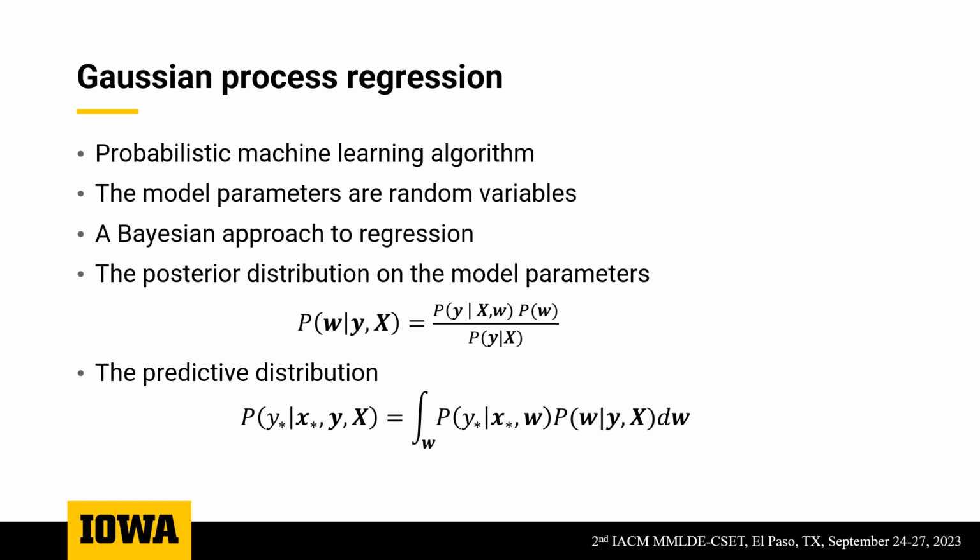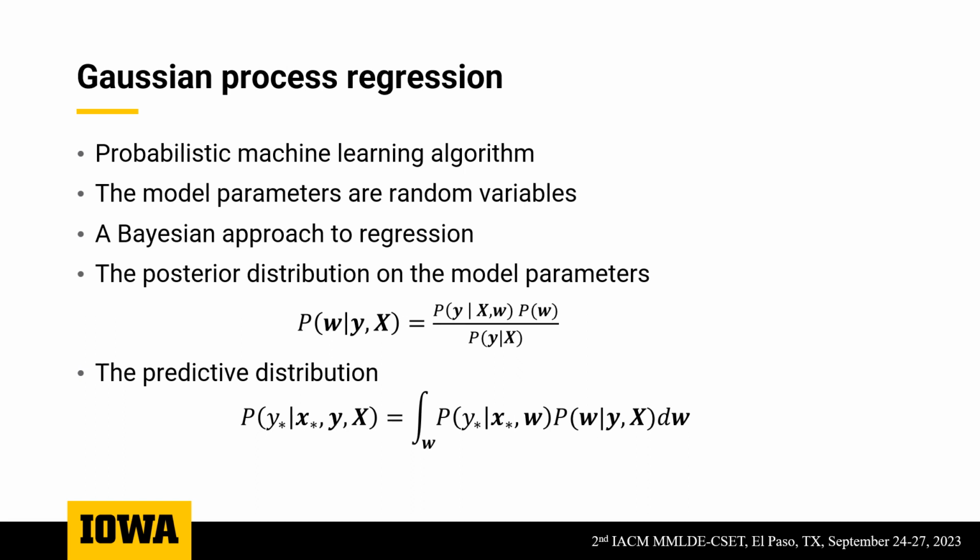Here, instead of a deterministic machine learning model, we use Gaussian process regression, which is a probabilistic machine learning algorithm. In this algorithm, the model parameters are random variables, and the mean value and standard deviation for these random variables can be obtained from the training data.